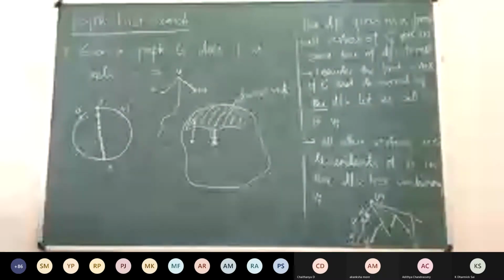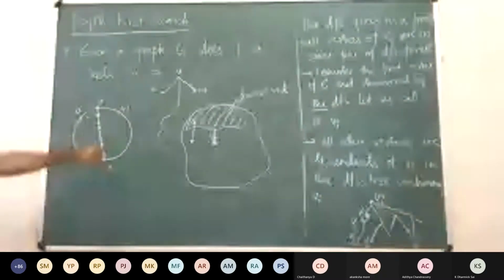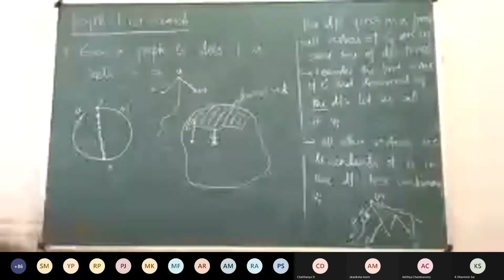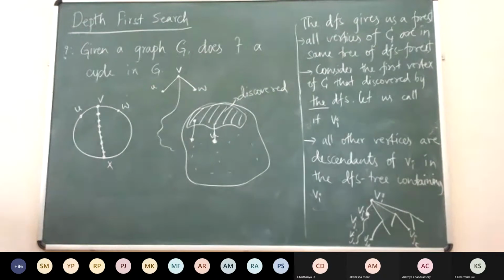Since U and W are connected, they belong to the same tree in the DFS forest obtained after deleting V, because even when you remove V, they are still connected in the graph. Now, what she says is that once you add back a vertex V, since they are in the same tree, it is connecting to two vertices in the tree, right?